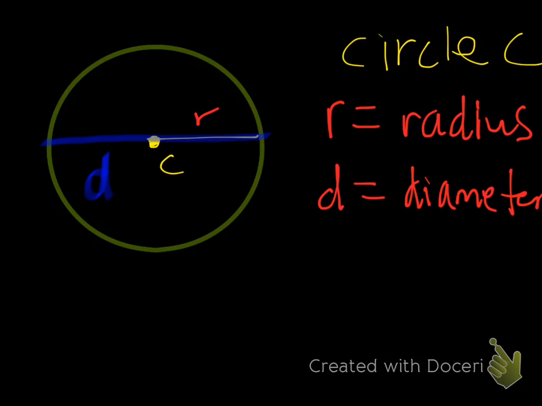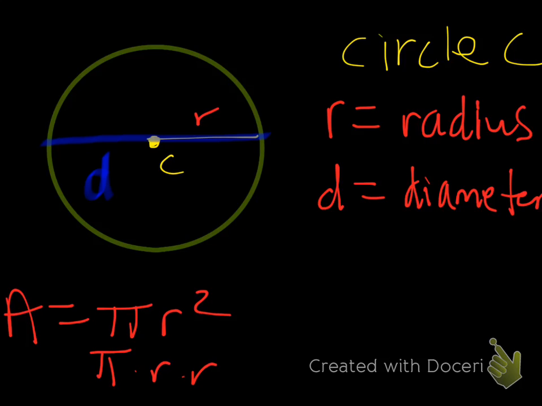diameter. Alright, so two of the basic formulas most everybody should know at the high school level is area equals pi r squared. That's pi times r times r. Right? And circumference, which is the distance around the circle.